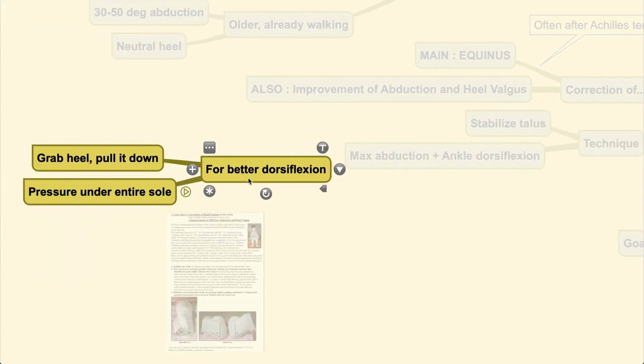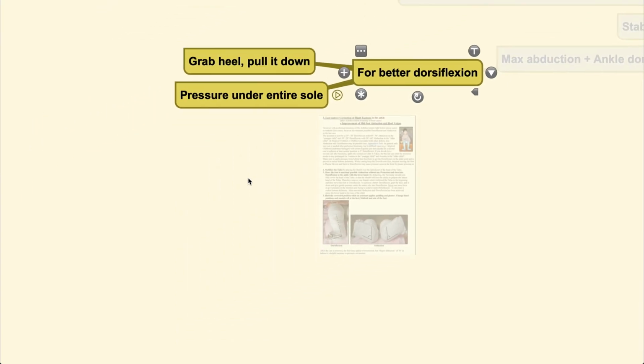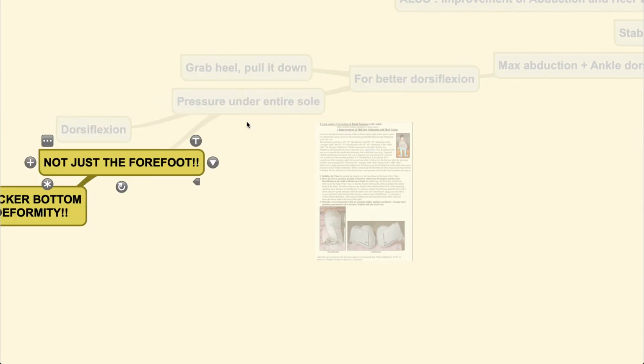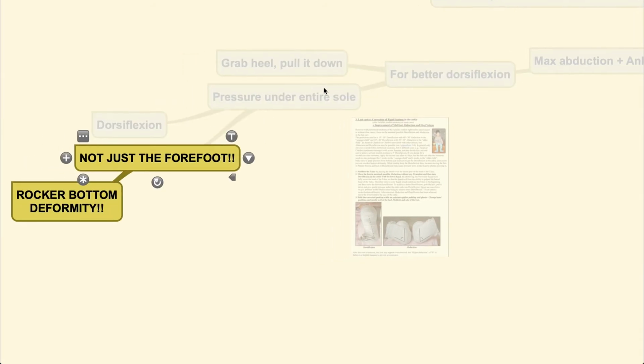To achieve better dorsiflexion while you cast, you need to grab the heel, or the calcaneus in this case, and try to put it down, while at the same time applying pressure under the entire sole.